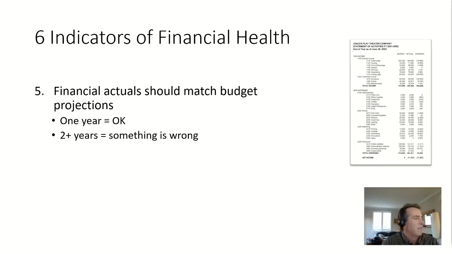Number 5, your financial actuals should match what the budget is projecting. In the Child's Play theater scenario, you saw their proposed budget, or their actual budget, excuse me, their statement of activities was a little bit off. Now, for 1 year, that's fine, and you can see that Child's Play had a snowstorm.